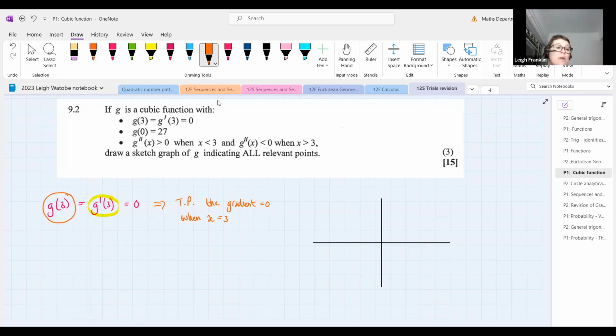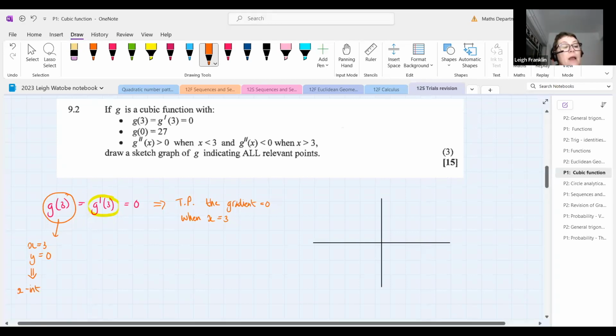Okay, this bit over here is telling us when x is 3, y is 0. So when x is equal to 3, y is equal to 0. What does that mean? That's the easier part, I suppose. What does this bit mean? When x is 3, y is equal to 0. That's an x-intercept. Beautiful.